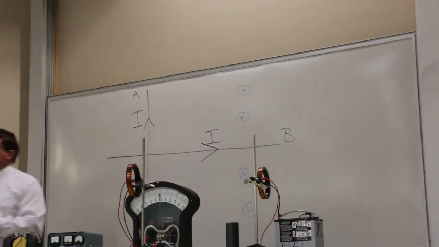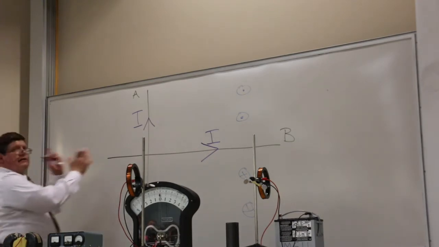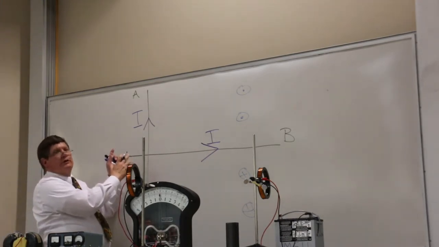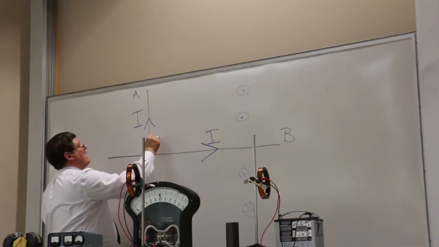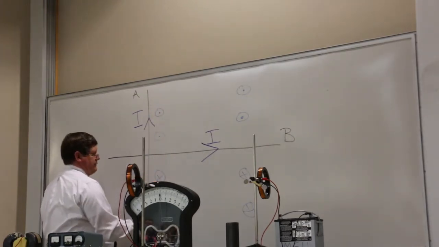Now again, I know what the field lines due to wire B look like everywhere. But what I care about is what they look like over here where they're doing the pushing. They would be out of the page and into the page.